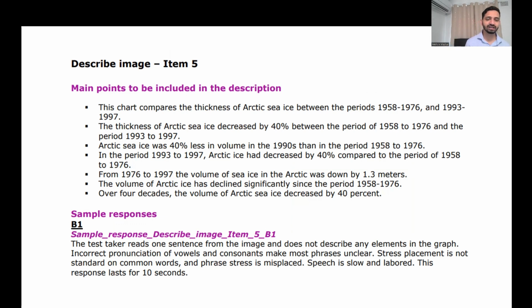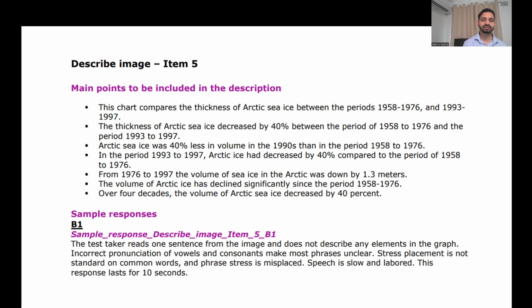The Arctic sea ice was 40% less in volume in the 1990s than in the period of 1958 to 1976. In the period 1993 to 1997, Arctic ice has decreased by 40% compared to the period of 1958 to 1976. These are all paraphrasing, saying the same things, but you can paraphrase and say that thing.